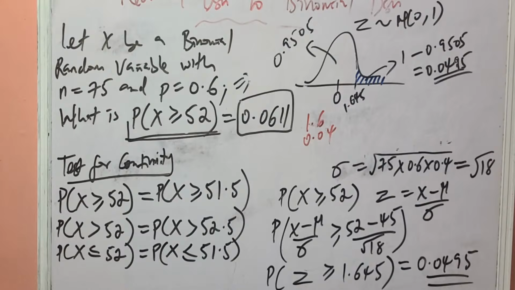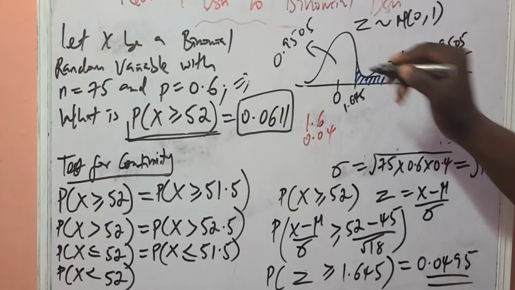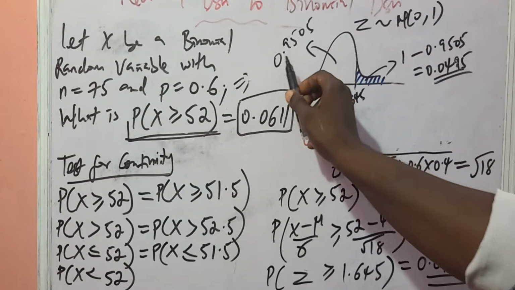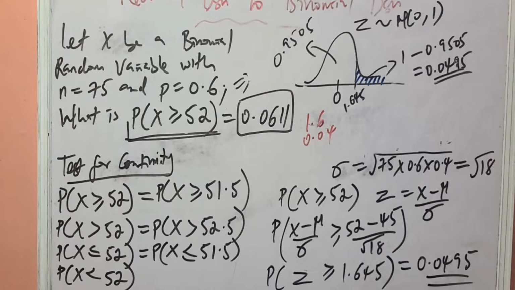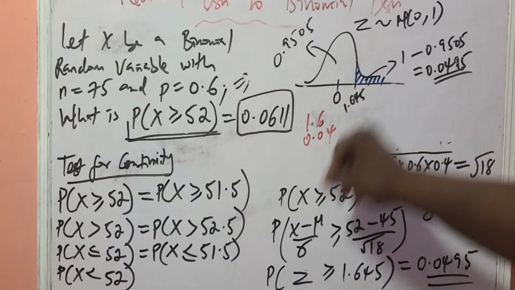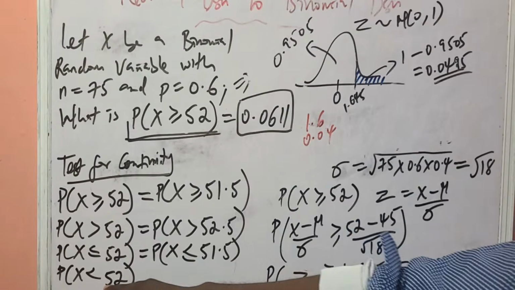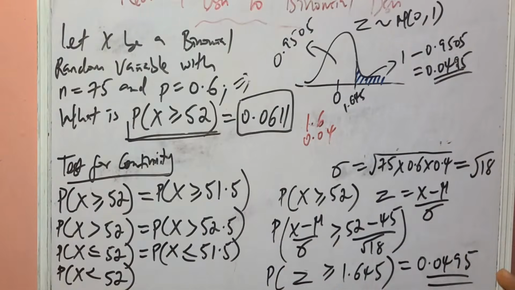Now, another scenario which is possible is what if we have x just less than 52? In this case, we are not including 52. If this line represented 52, and we want less than 52, obviously we are moving to the left, and we don't want to include 52, because this said less than 52.